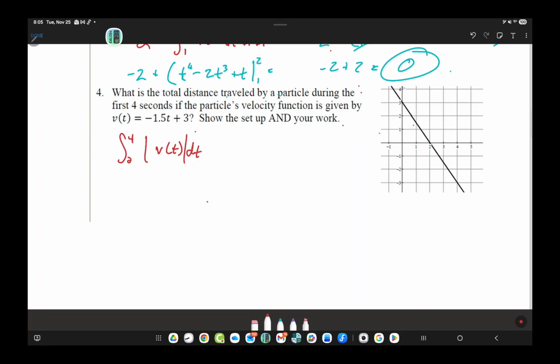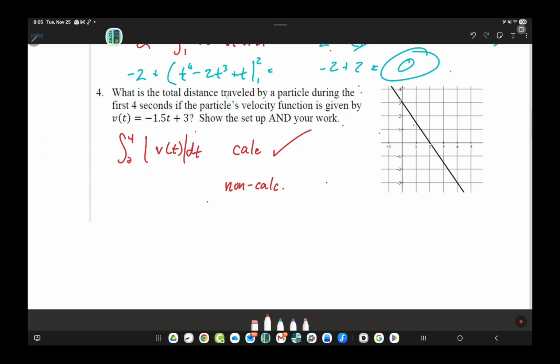Now, let's say you're not allowed to use your calculator, a non-calculator question. If you're given your calc, that's all you had to do. But for non-calculator, how do you do this without the absolute value?